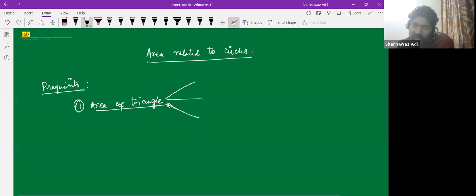There are three ways. The first condition is that you are given the base and the height, or altitude. The second case is that three sides are given.